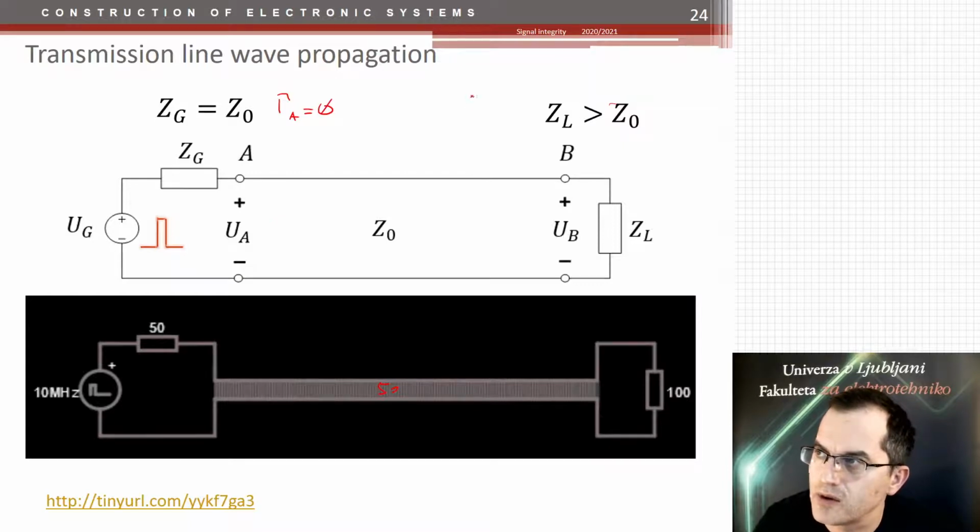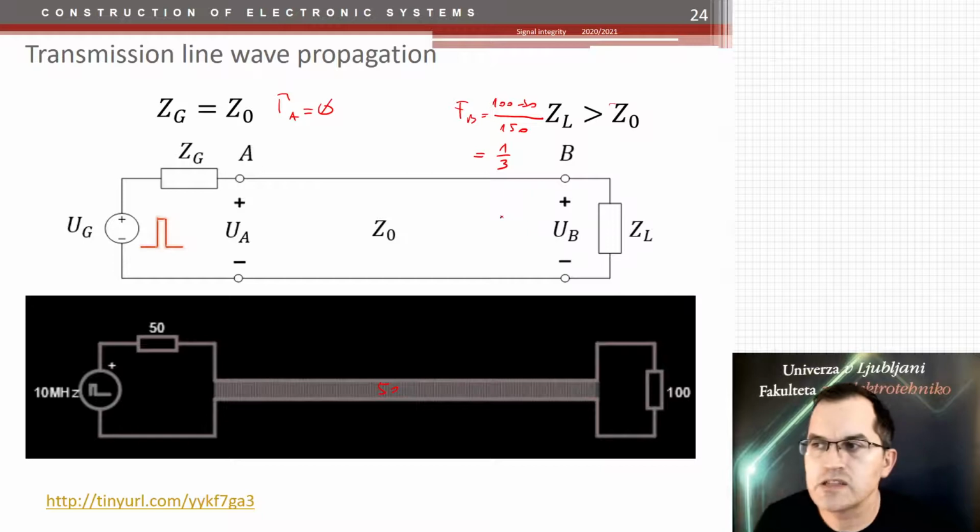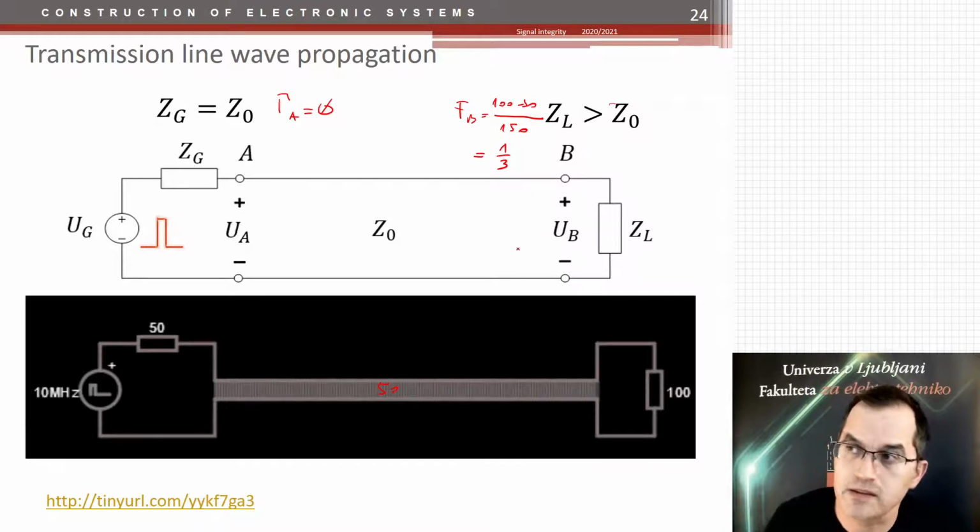Here gamma at point B is 100 minus 50 divided by 150. So 100 minus 50 over 150. That would be how much? 1 over 3, 1/3. That means 1/3 of the signal will get reflected.